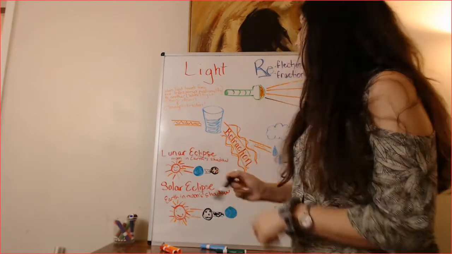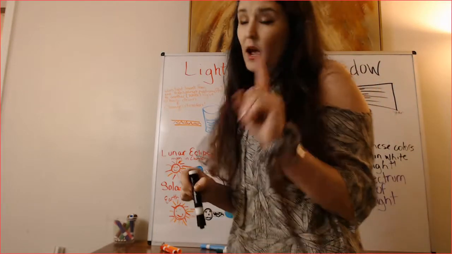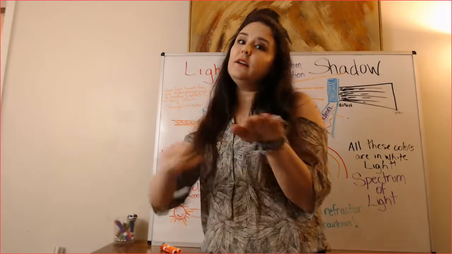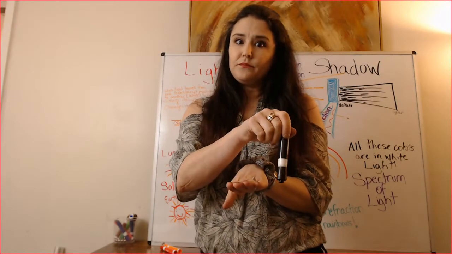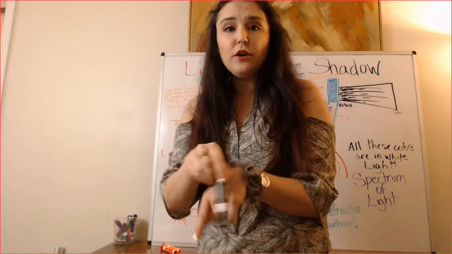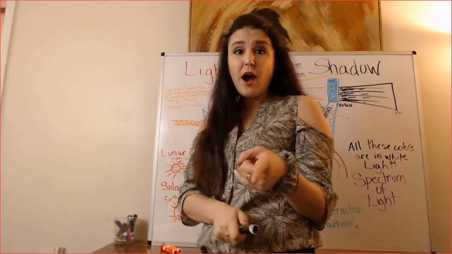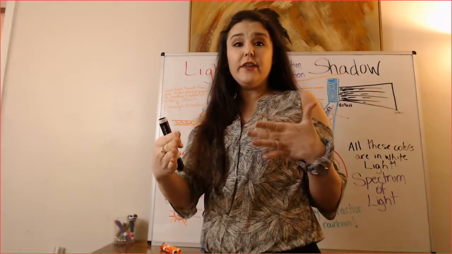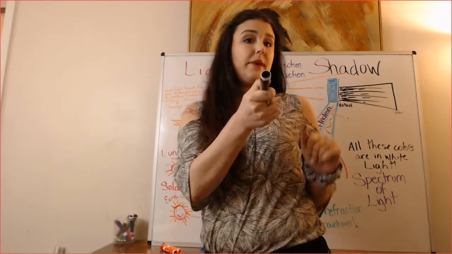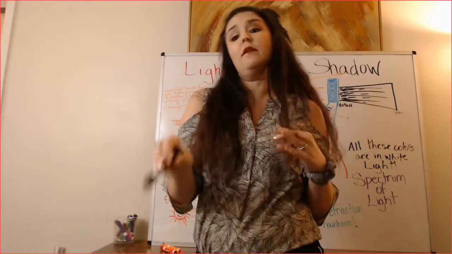Lunar eclipse. A lunar eclipse, remember when we talked about how the earth revolves around the sun and the moon revolves around the earth? Okay, so there's very special times where, because of where they are in their orbit, remember, the orbit is just the path they take to revolve around the sun or around the earth.